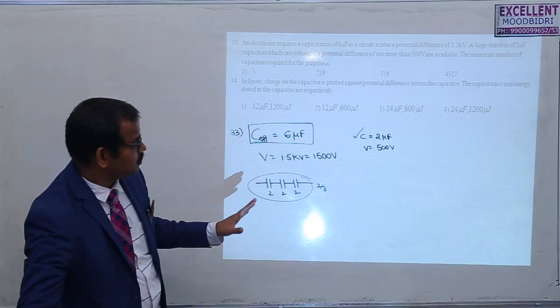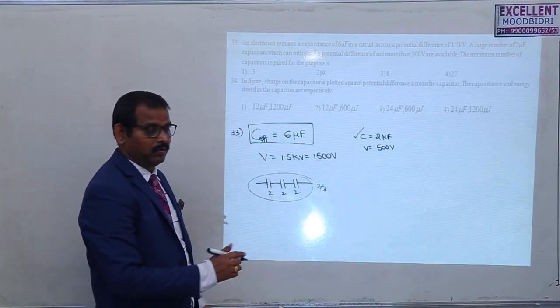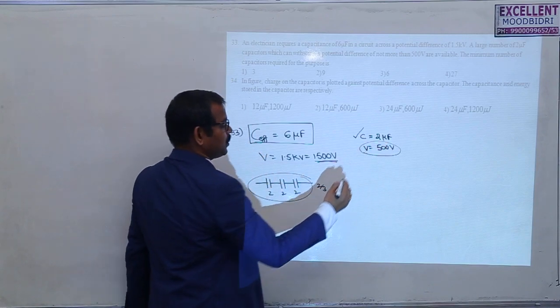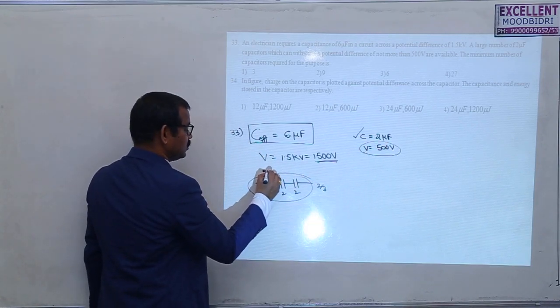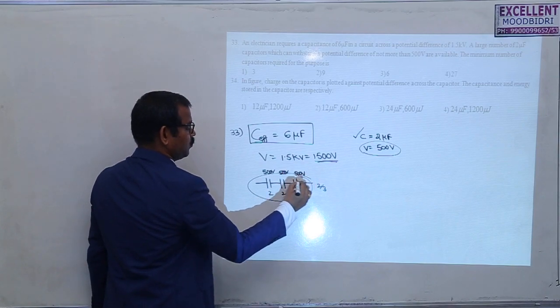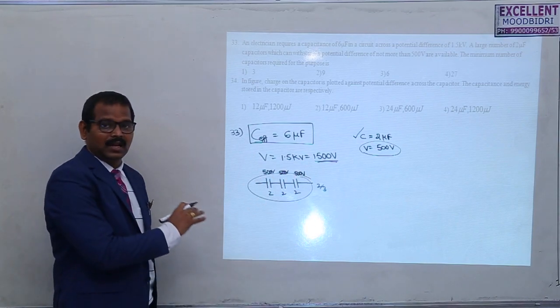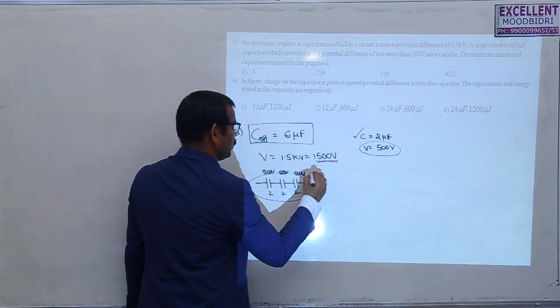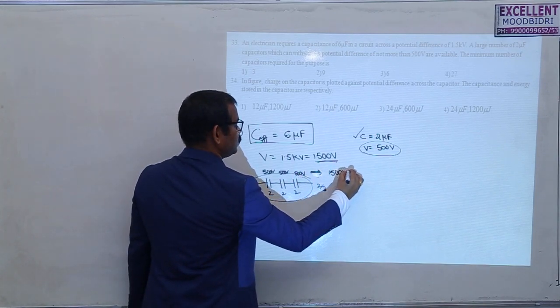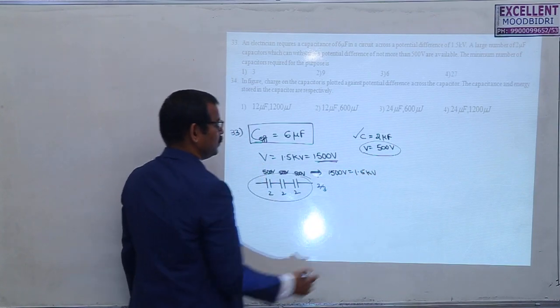But here you can remember, students, the total voltage that can be withstood is 1500 volts and the potential of each capacitor is 500. So let us say this is 500 volts, this is 500 volts, this is 500 volts. The total voltage across each row will be 1500 volts, which is equal to 1.5 kilovolts.